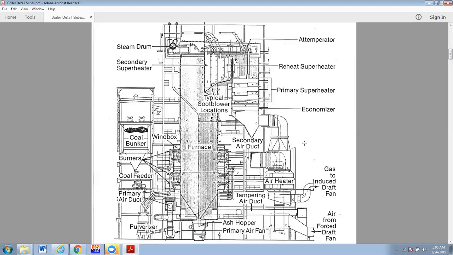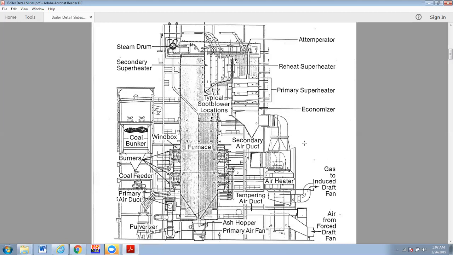They move pretty quickly through that furnace, and so we need to get everything combusted. We need to get the carbon burned out as quickly as possible to make sure that it doesn't wind up as unburned carbon or LOI, loss on ignition. That's carbon in the ash that we separate out at the precipitators.